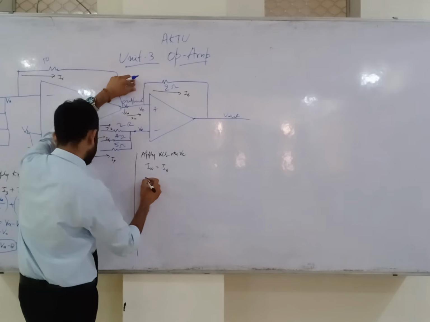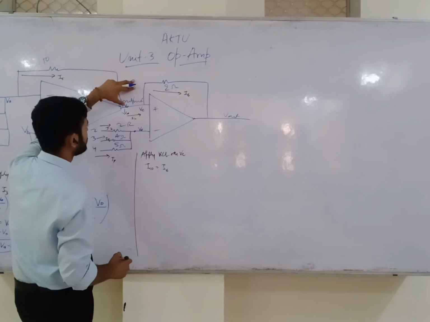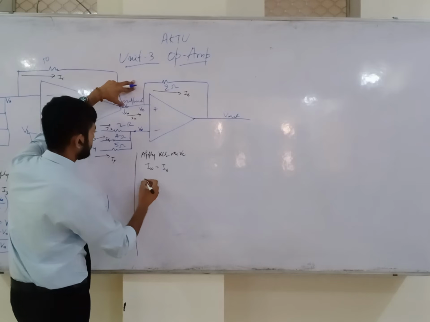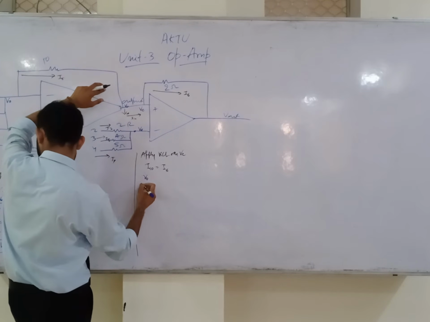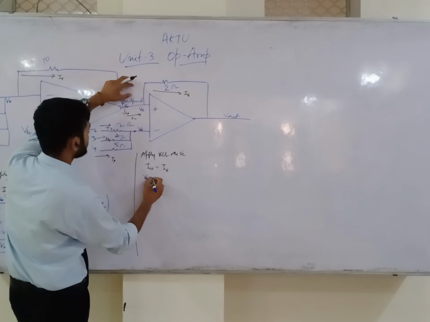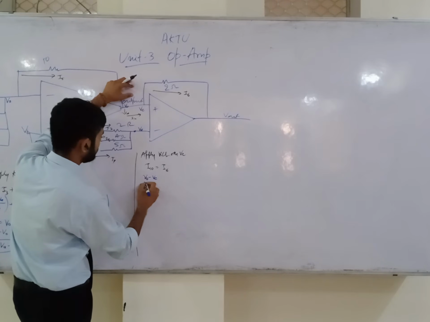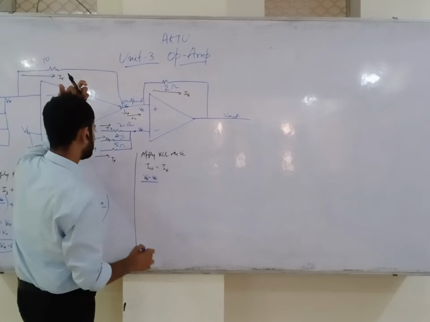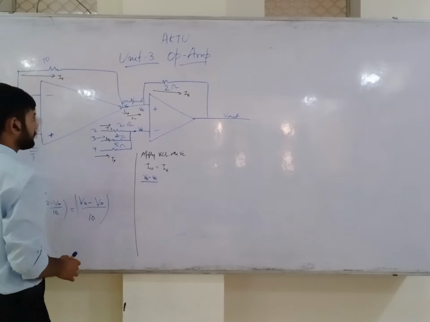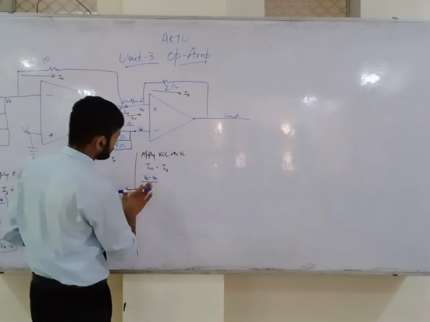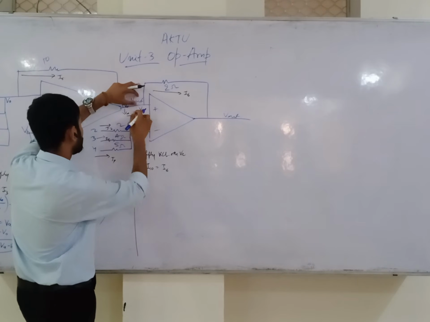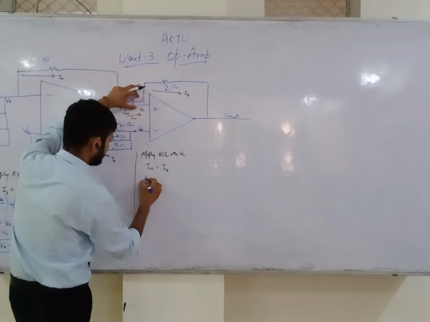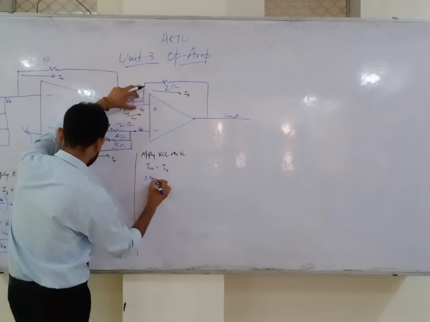So V output minus VC upon 2 equals the total current on this particular path, which is 5VA minus 8.